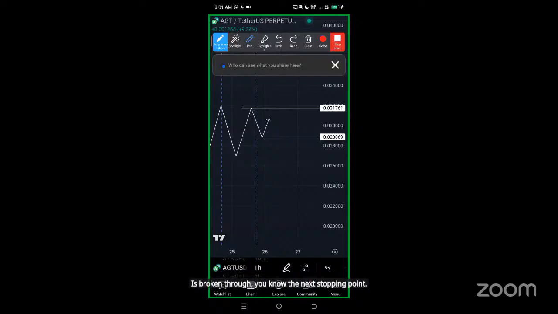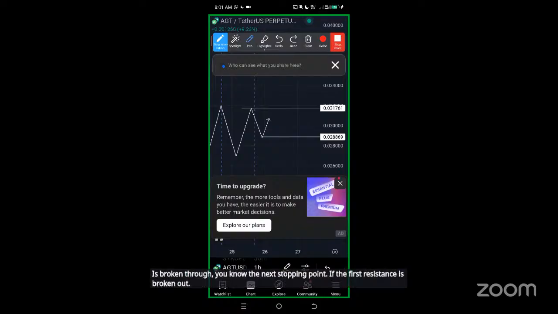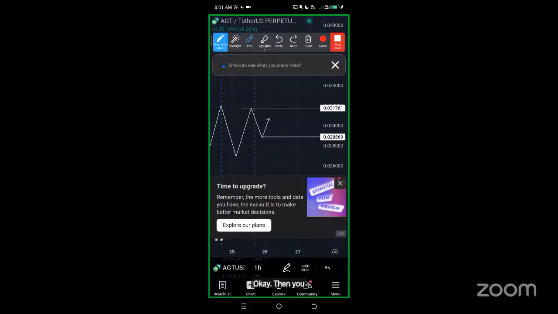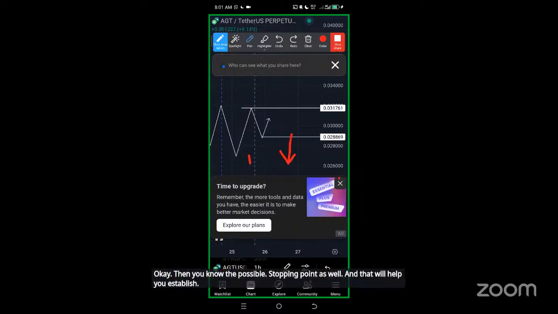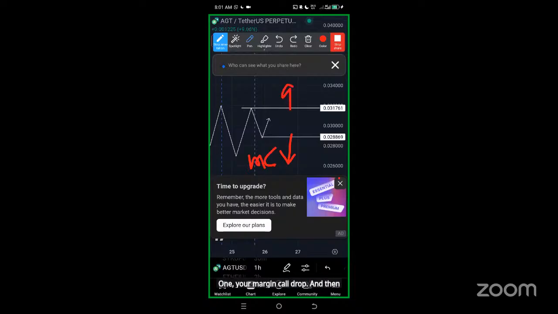If the first resistance is broken out, then you know the possible stopping point as well. That will help you establish your margin call drop, and it will help you establish your TP. Once a breakout happens, it is good for establishment of the margin call drop.